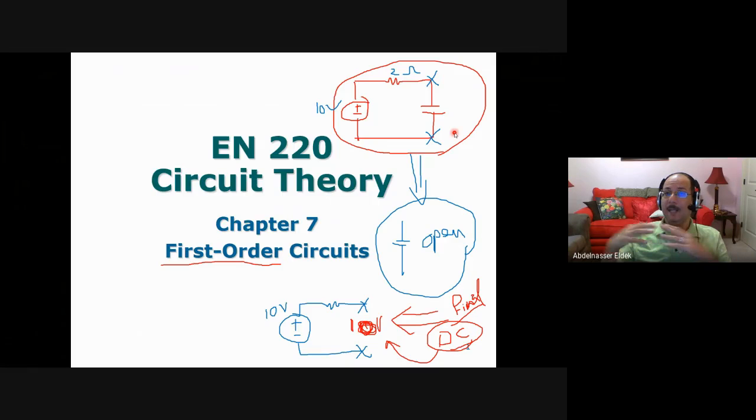Now if you connect it to the circuit, I know that the voltage will be 10 volt because the capacitor is an open circuit. Simply between 0 and 10, this is what we need to know, how it looks. This is a first order circuit. There's a transient, a space between 0 and 10.